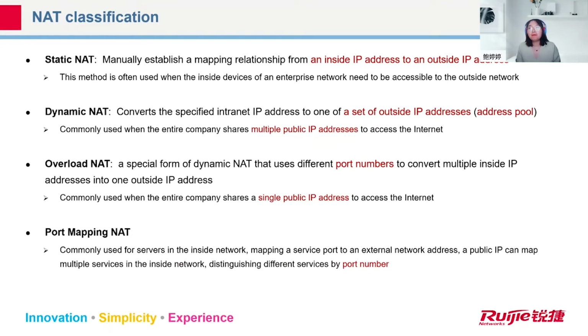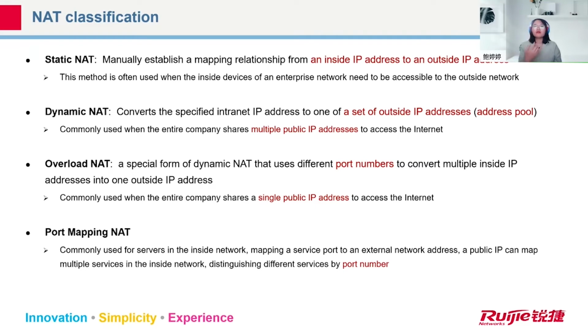And the last one is port mapping. The upper three NAT types are usually used to let internal users visit the internet. But in some scenarios, your server, like your FTP or HTTP server, is deployed in your internal network with a private IP address, but some public users also want to visit your company page.